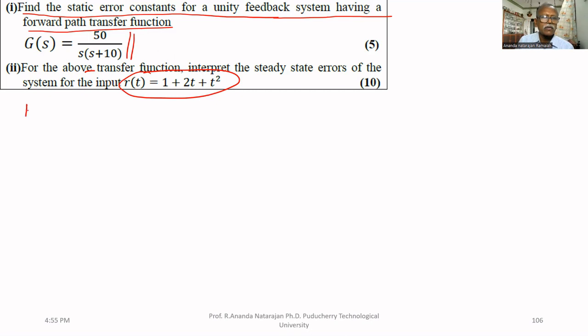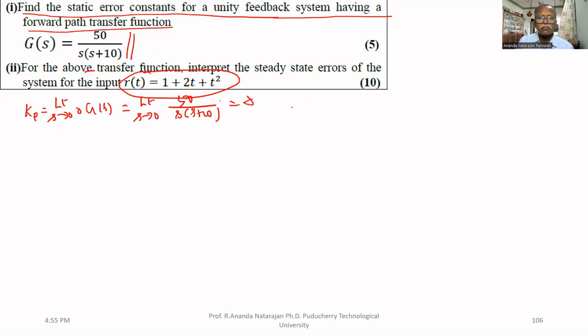We have to find the Kp first. Kp equal to limit s tends to 0, G(s). That is equal to limit s tends to 0, 50 upon s multiplied by (s plus 10). That is equal to infinity.